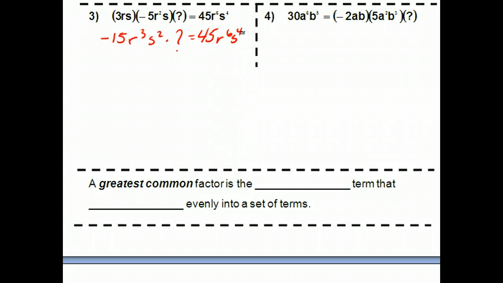So, just like before, I'm going to divide both sides by minus 15r cubed s squared to isolate my question mark.